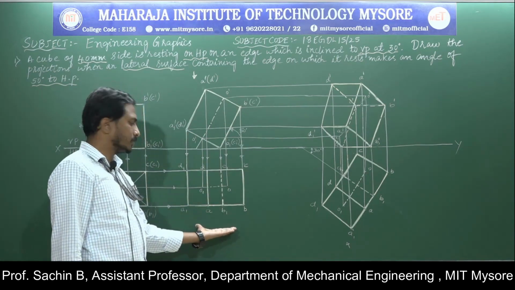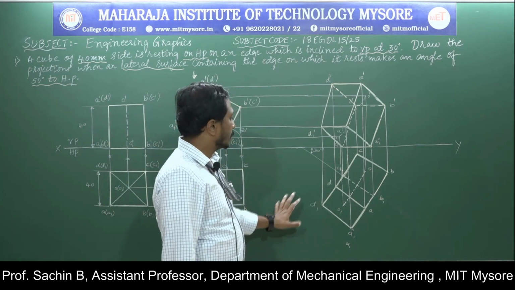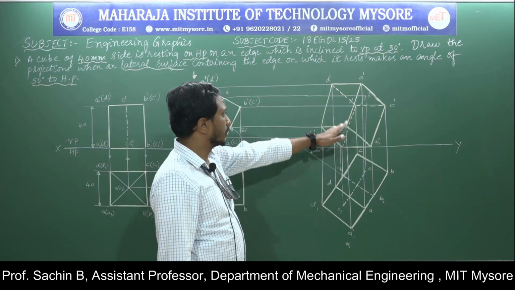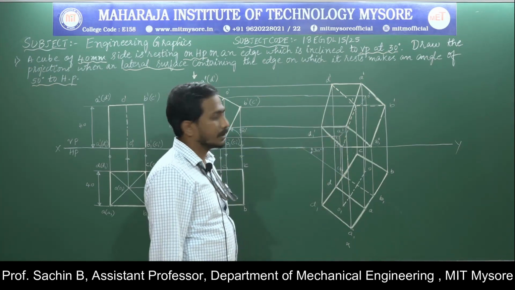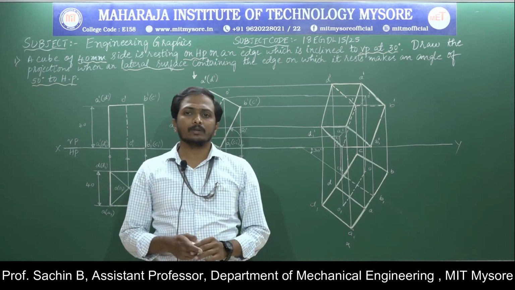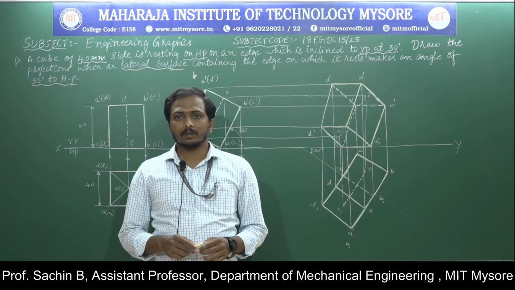Next I have drawn the projection lines by applying the visible and invisible concept. Next I have drawn the resting edge inclination at an angle of 30 degrees. Next I have drawn the projection lines. After that I have completed all the visible and invisible concept. This is regarding the problem if they ask it purely on the cube condition.